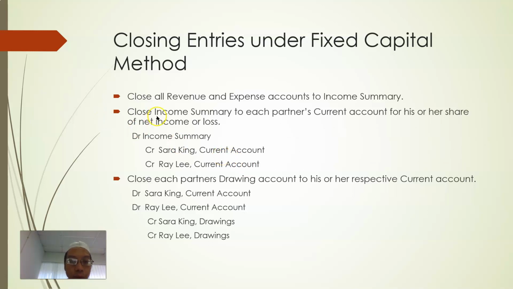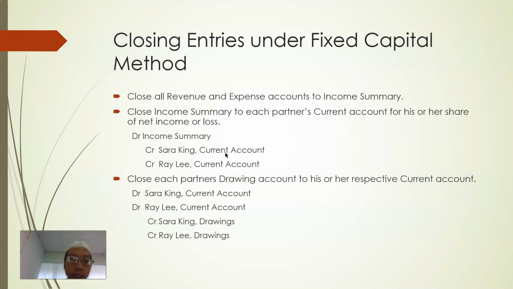The second step is to close the income summary into the current account of all the partners. So we will transfer all of the income summary into the current account of the partners, based on whether the income summary is showing net loss or net profit. So if the credit balance of the income summary account is more than its debit balance, then we will debit the income summary and credit the current accounts of the partners.